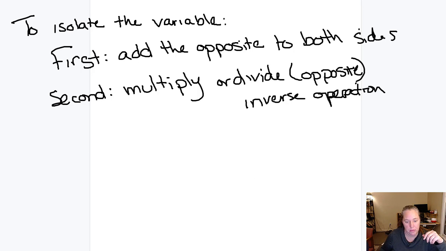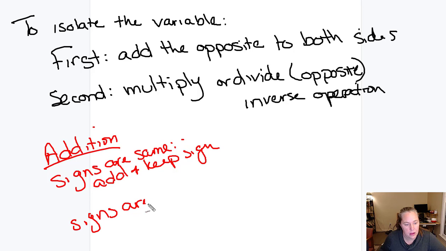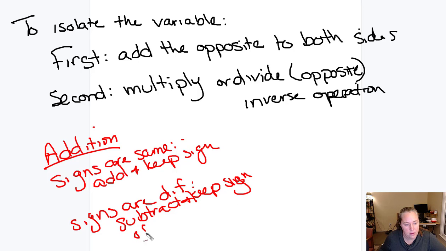When you add the opposite to both sides, you're going to use your addition rules. When signs are the same, you're going to add and keep the sign. When signs are different, you're going to subtract, keep the sign of the higher, the bigger, in quotes, number.